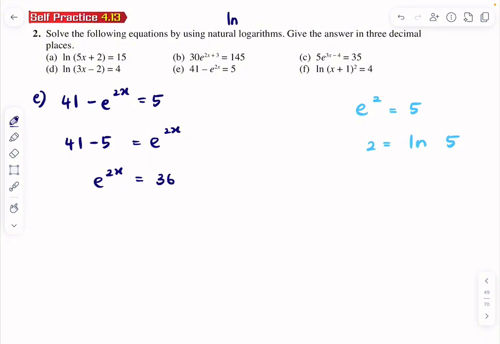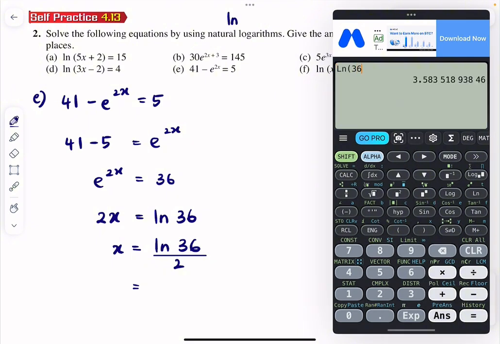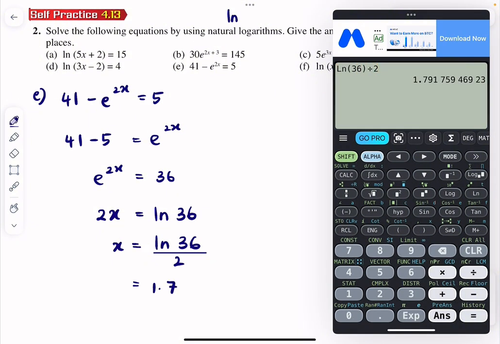So bringing e here, this rule applies. You bring the e there, becomes ln 36. So 2x is ln 36. x will be ln 36 over 2. Ln 36 divided by 2 gives 1.792.